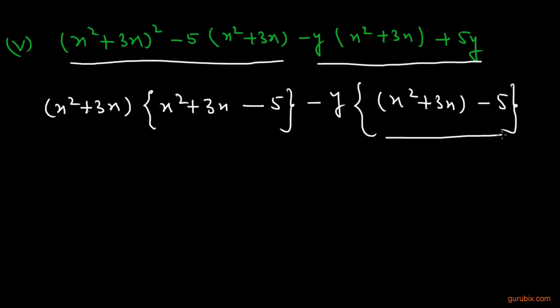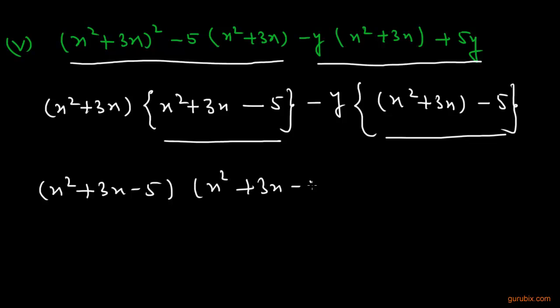So we see that these values in the expression are the same, so we can take common these values. So it will be x square plus 3x minus 5, and here remains x square plus 3x minus 5.